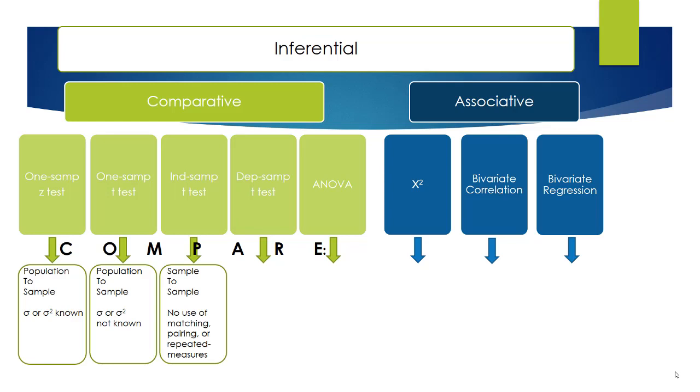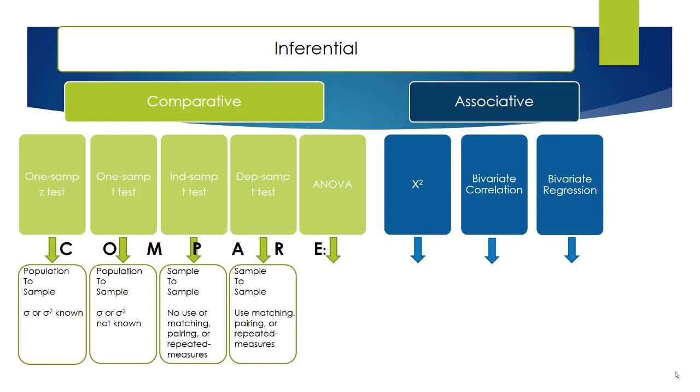We also have independent samples T. In this case, we're comparing a sample to a sample, or maybe a group to a group, and there's no use of matching or pairing or repeated measures. With the dependent samples, it's distinct from the independent samples because while we are comparing a sample to a sample or one group to another group, we are using matching or pairing or repeated measures.